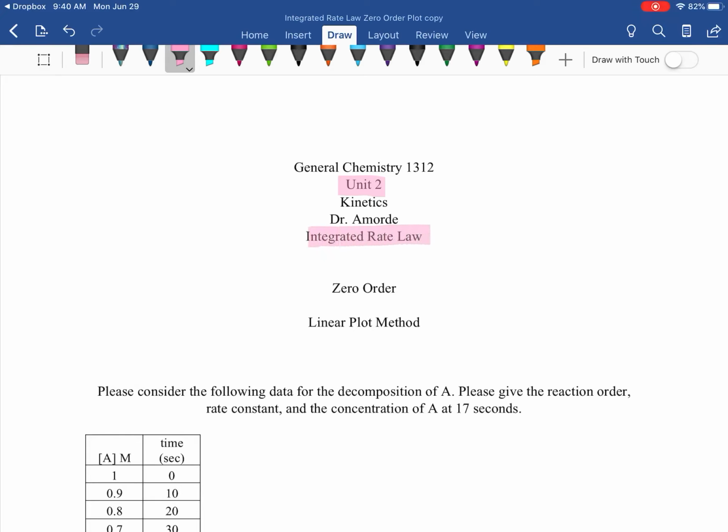Let's keep going with our integrated rate law. I'm so excited. This is one of my favorite methods. So remember, with our integrated rate law, what are we looking for? We're looking for the best possible data, including how that rate changes with concentration. We're including everything in the integrated rate law.